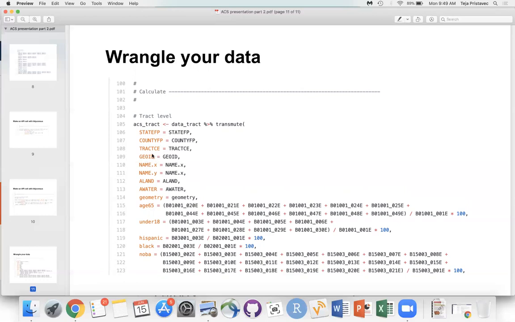GeoIDs are standard identifiers where the first 2 digits are the state FIPS code, the second 3 digits are the county FIPS, and then you have a couple digits for tract, for block group, for block, right? If that's the geography in the hierarchy that we were looking at before, that will be a very typical sequence.